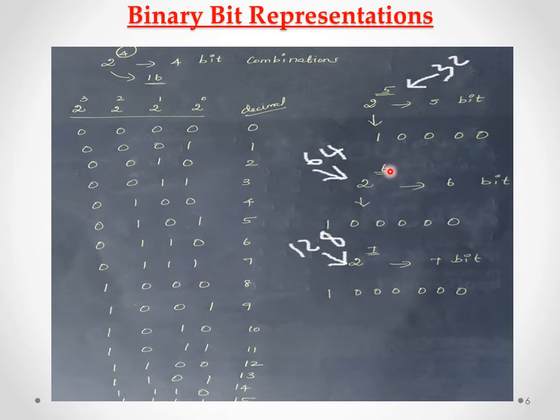For 6 binary bits, we can make a total of 64 possible combinations. Same way, for 7 binary bits, we can make a total of 128 possible combinations.